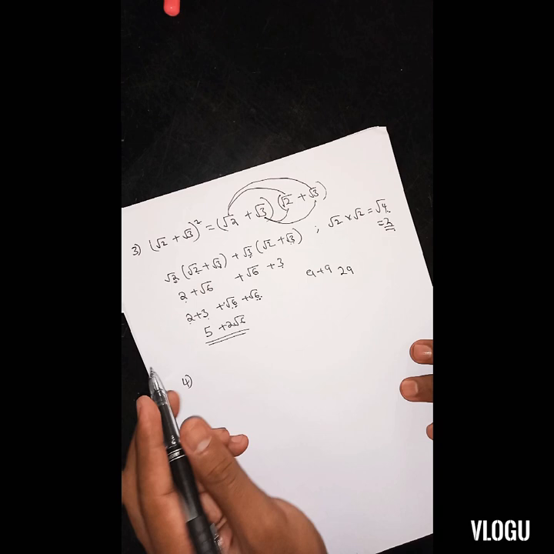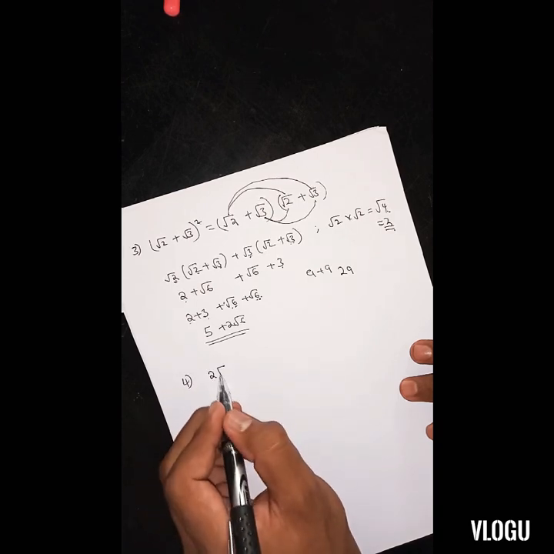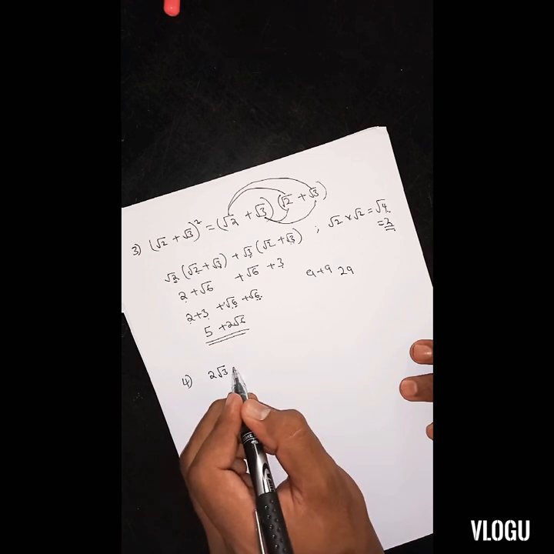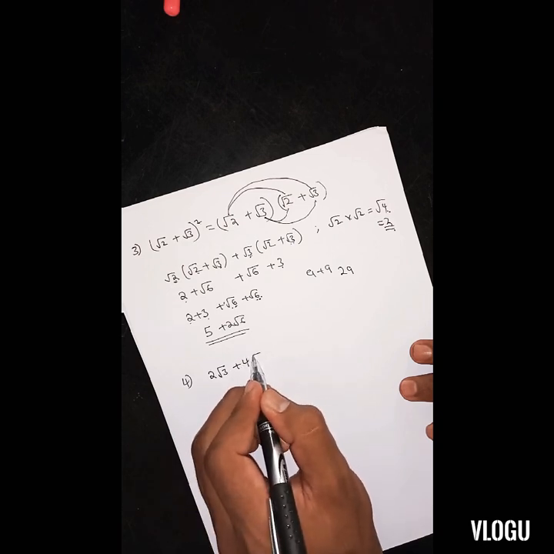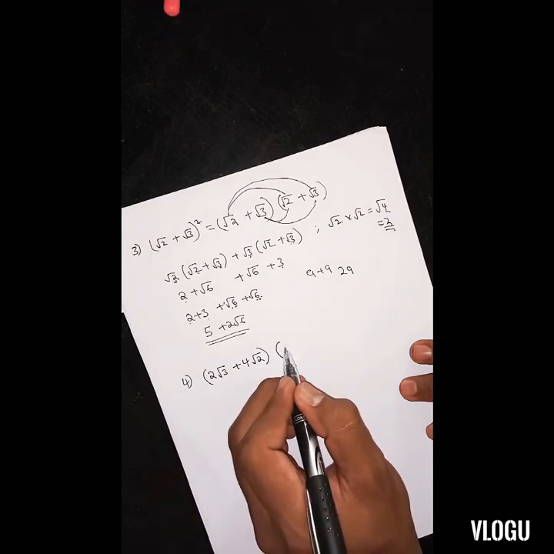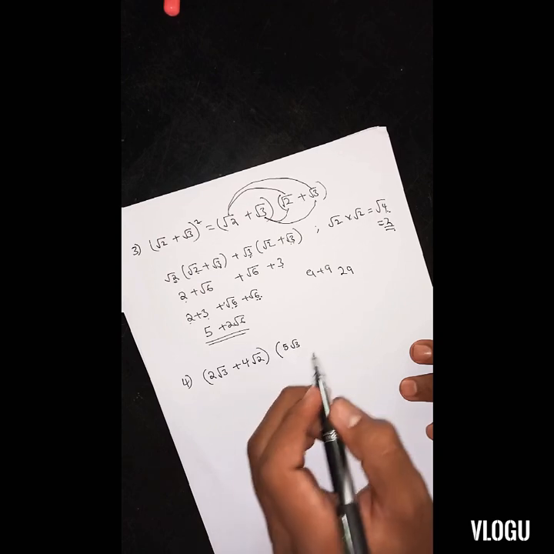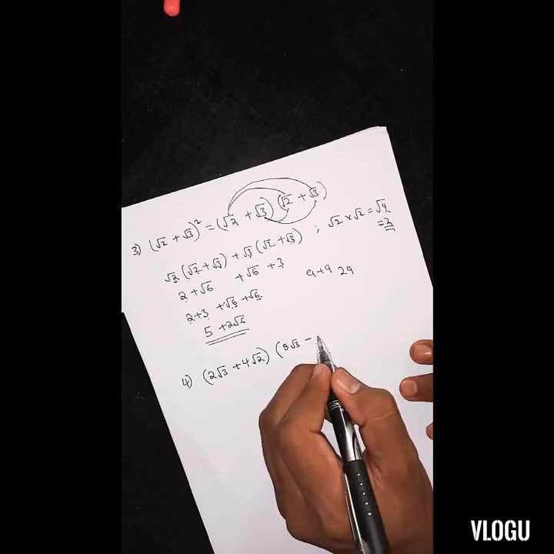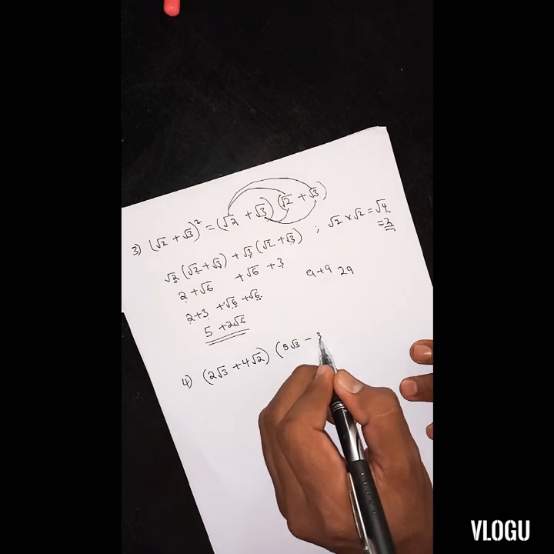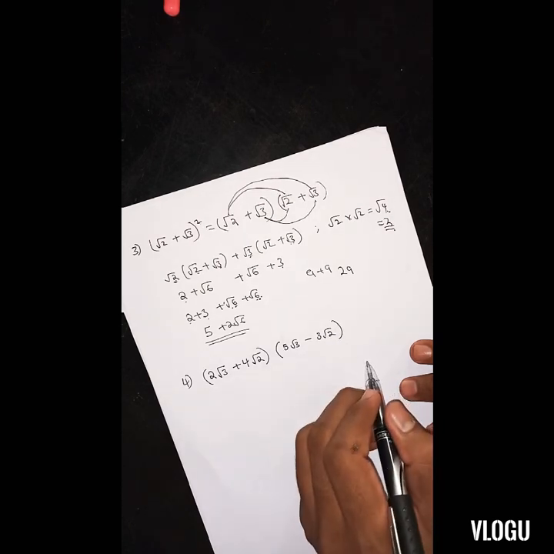So now let's have something like mixed surds: 2 root 3 plus 4 root 2, multiplied with 5 root 3 minus 3 root 2.